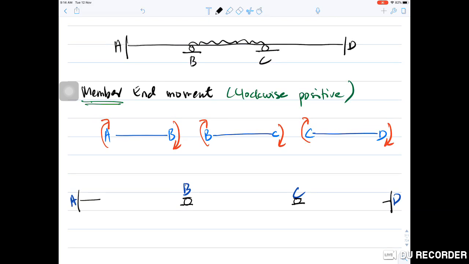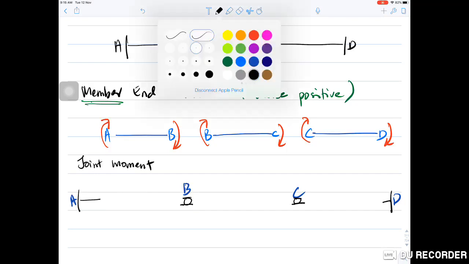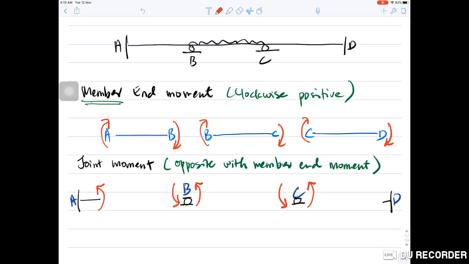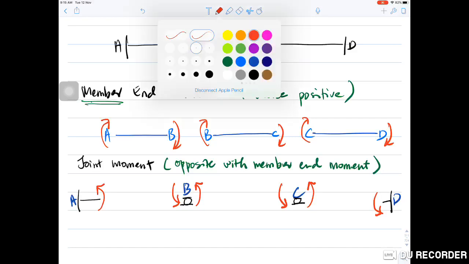And please remember that the joint moment is always opposite to the member end moment. Opposite to member end moment MAB is this. Opposite to member end moment MBA is this, and this, and this, and this.